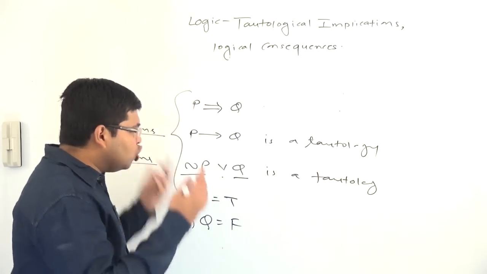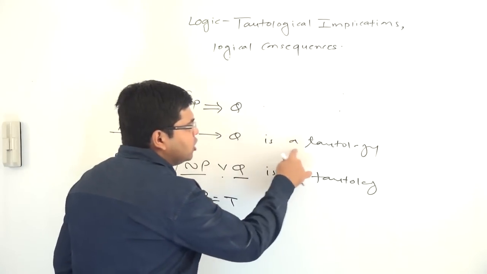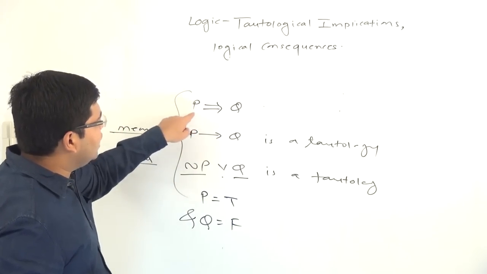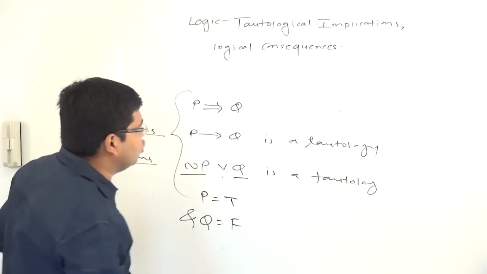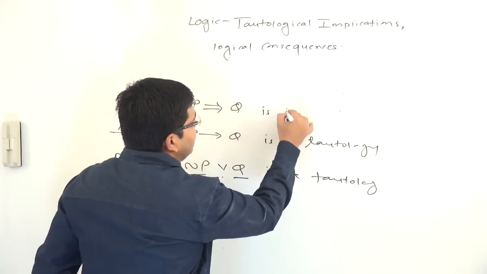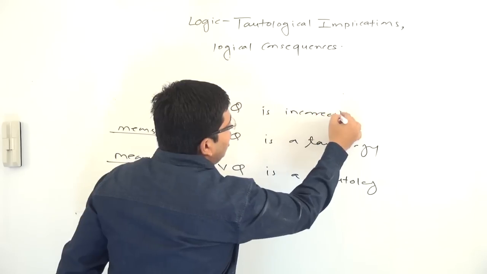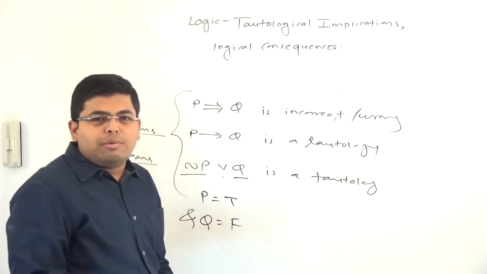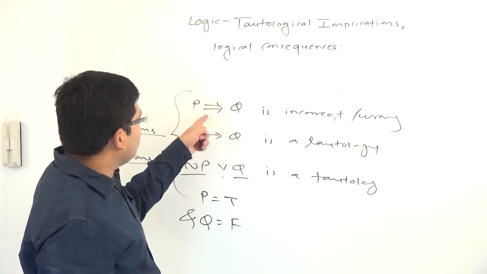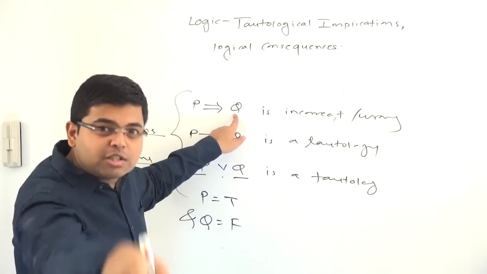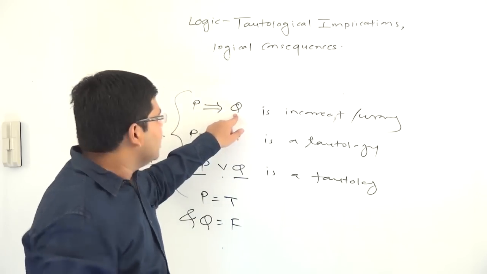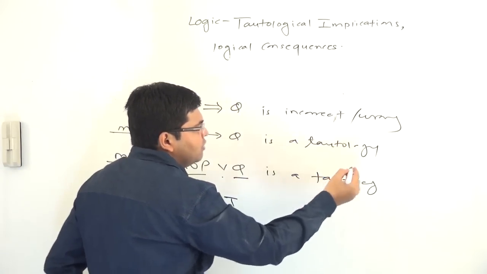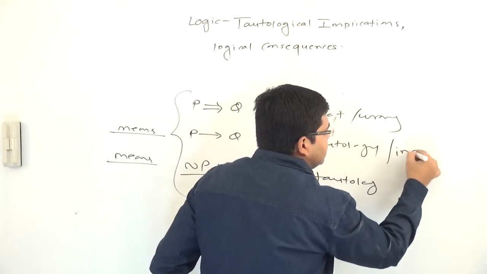And when we know that P implies Q is not a tautology, what we can say, whatever I have written here, that P tautologically implies Q is incorrect, is a wrong statement that I am making. You may write down anything. You may write down P tautologically implies Q, but what you are telling me, that P implies Q is a tautology, is again incorrect.